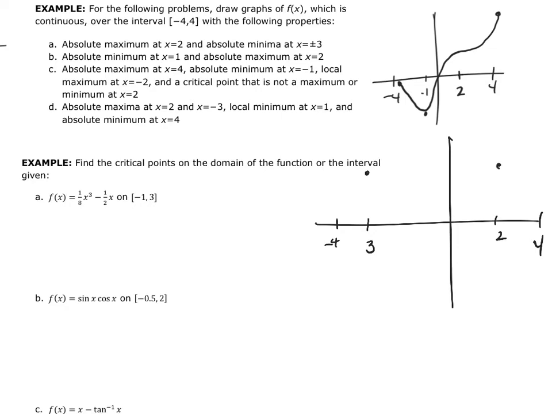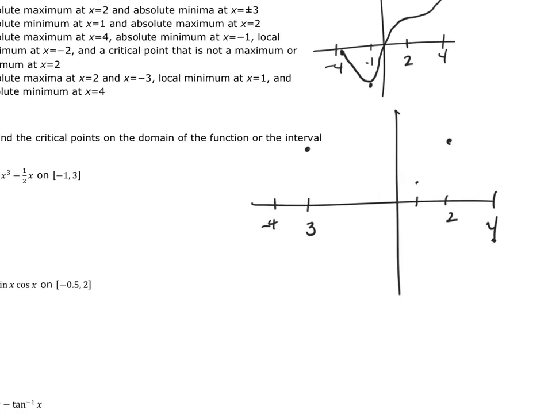I have a local minima at 1, so maybe right there. And an absolute minima at 4, so maybe here. So this is what mine might look like. I'm going to start down here, come up, curve, touch, and then come back down right there. So maybe that's what mine looks like.